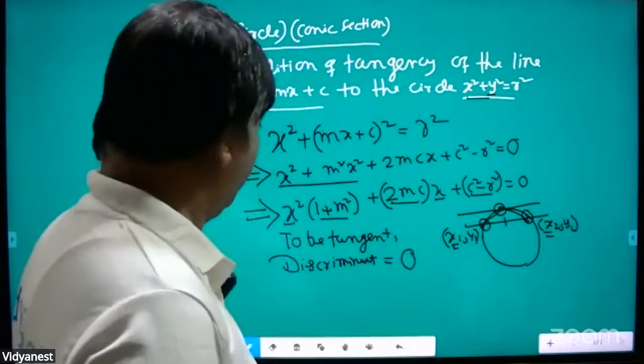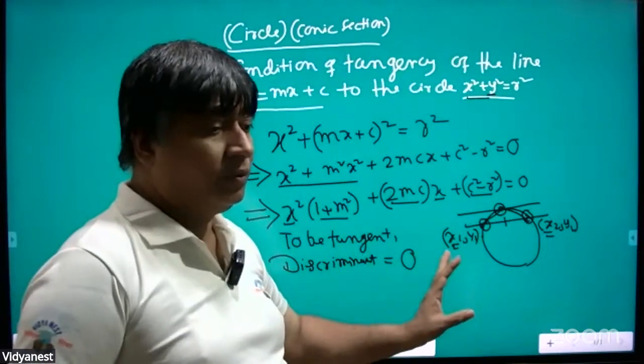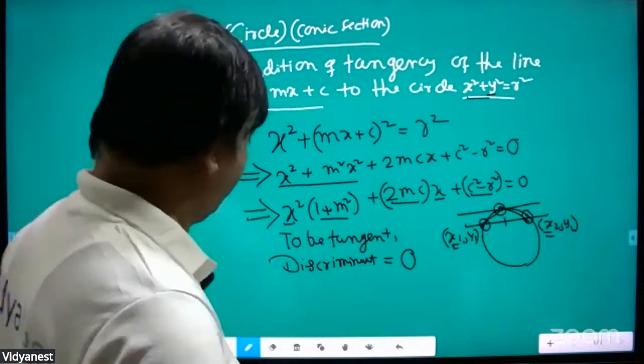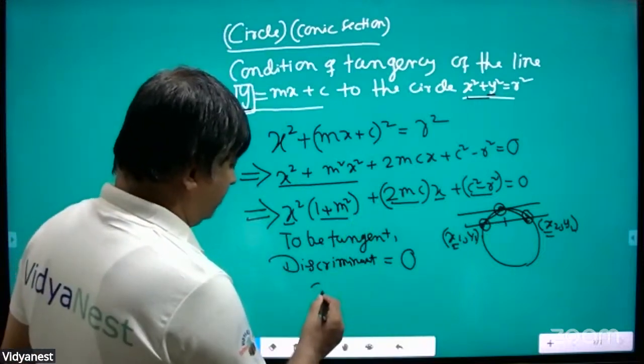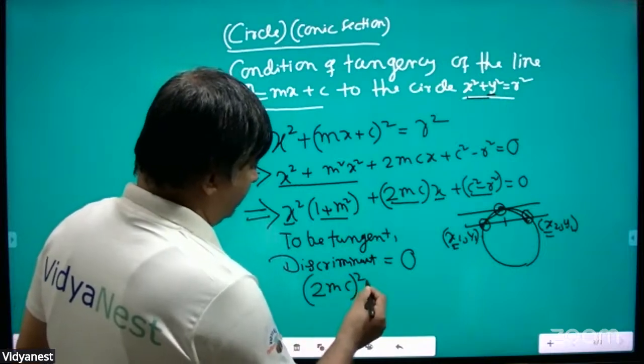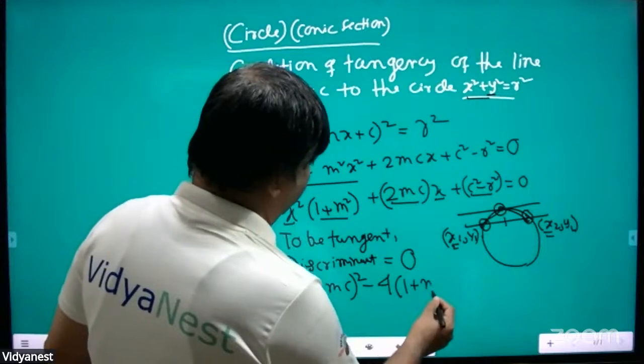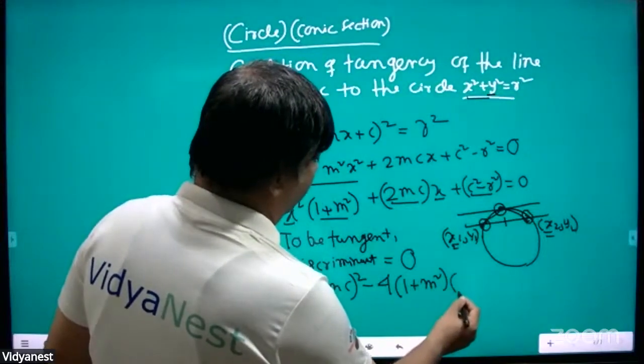Okay, once you get discriminant 0, what is meant by discriminant? B square minus 4ac.